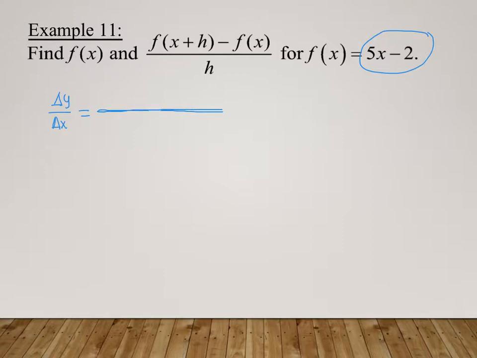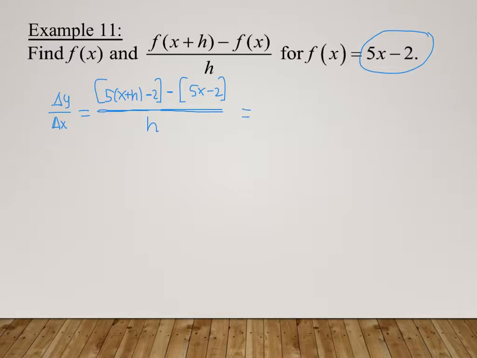So our first function of this is going to be 5 times x plus h, minus 2, that's our first function, that's f of x plus h, right? And now f of x is nothing more than 5x minus 2, and it's all over h.